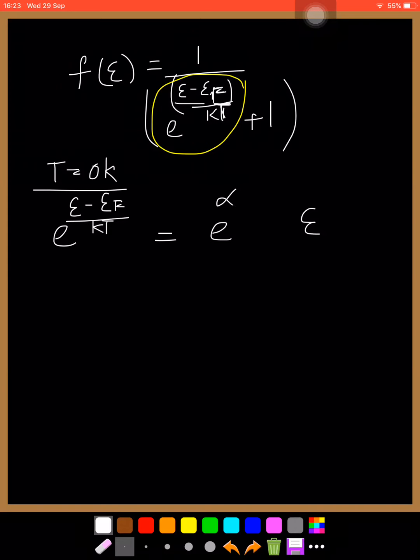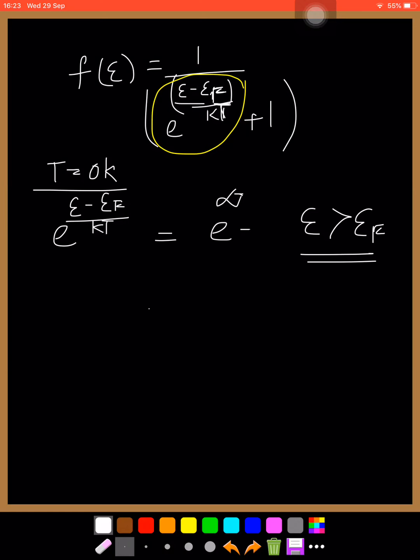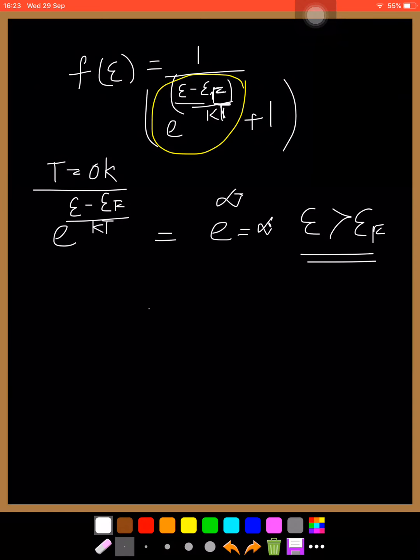This will be equal to e raised to infinity. When T is 0, 1 by 0 is infinity. When E greater than EF, e raised to E minus EF by kT is e raised to infinity, because E greater than EF gives a positive value divided by 0.